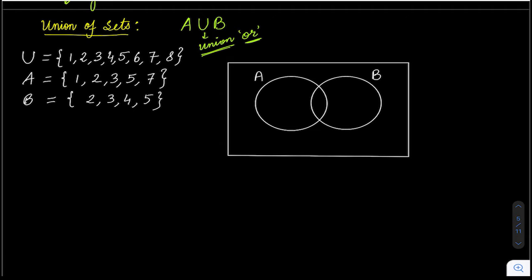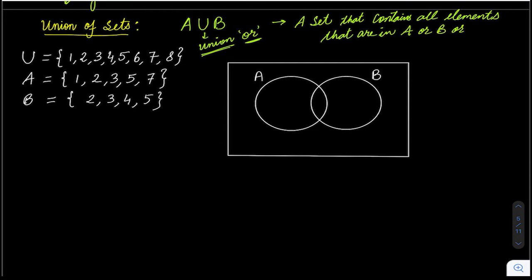Okay, so in set notation we use union, that is this U. A union B means a set that contains all elements that are in A or B or both.